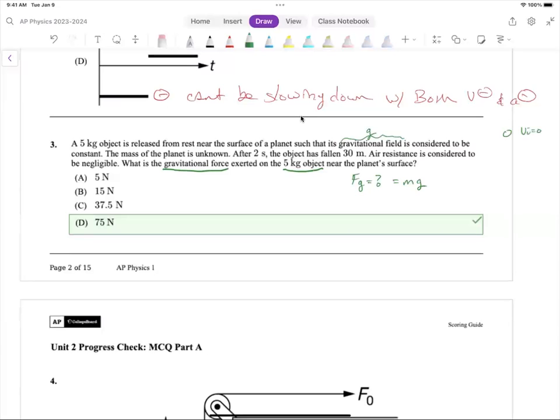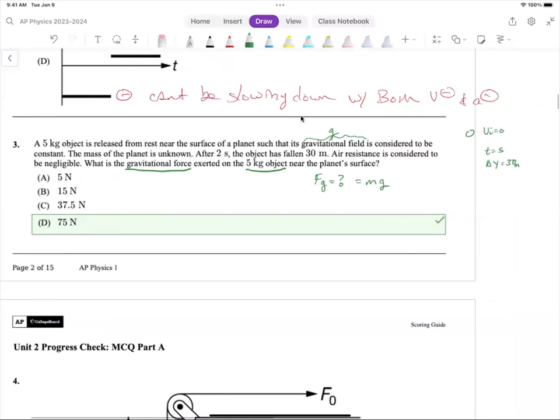They told me that after time equals 2 seconds, delta y equals, I'll call down positive, 30 meters. So I have enough information to solve for the acceleration that the object experienced, and the acceleration is due to the force of gravity. That's the only thing that's acting on it.